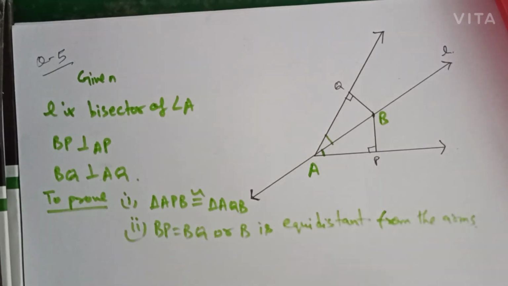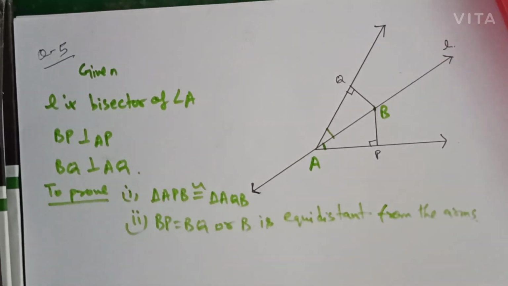This we have to show. So for this, again the same process, as we know that we have to prove the congruency of triangle APB and triangle AQB.